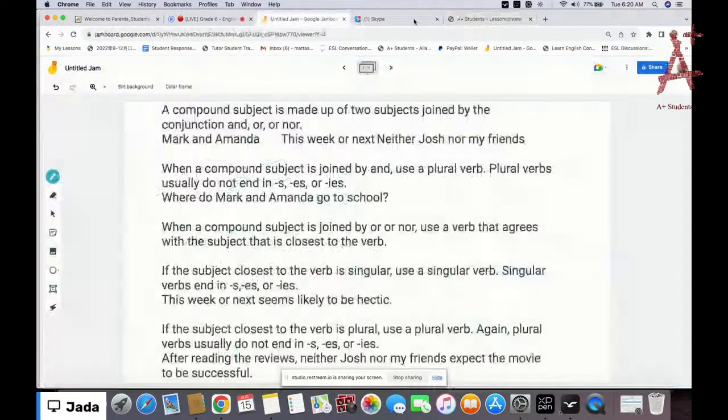A compound subject is made up of two subjects joined by the conjunction and, or, or nor. So and is part of it.